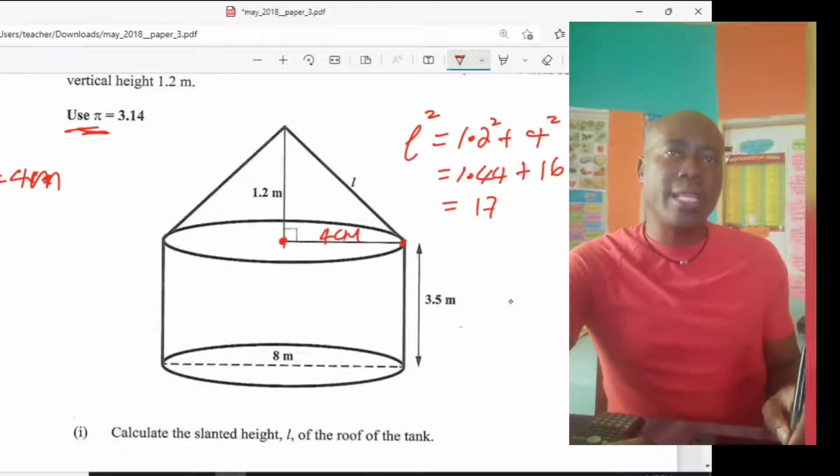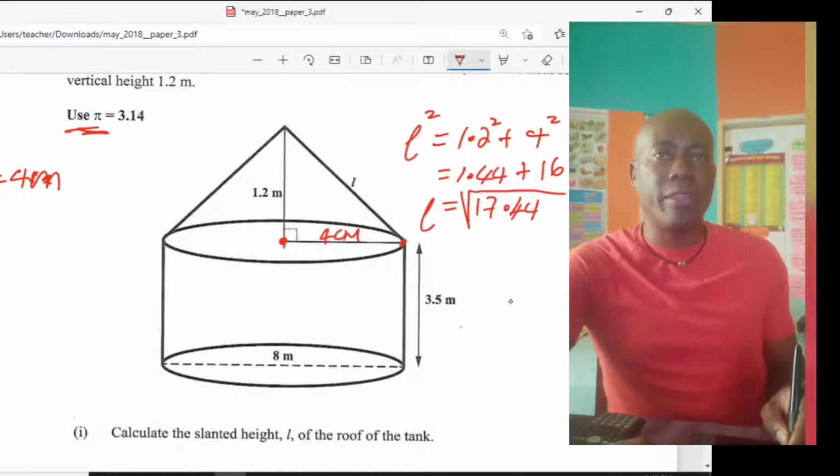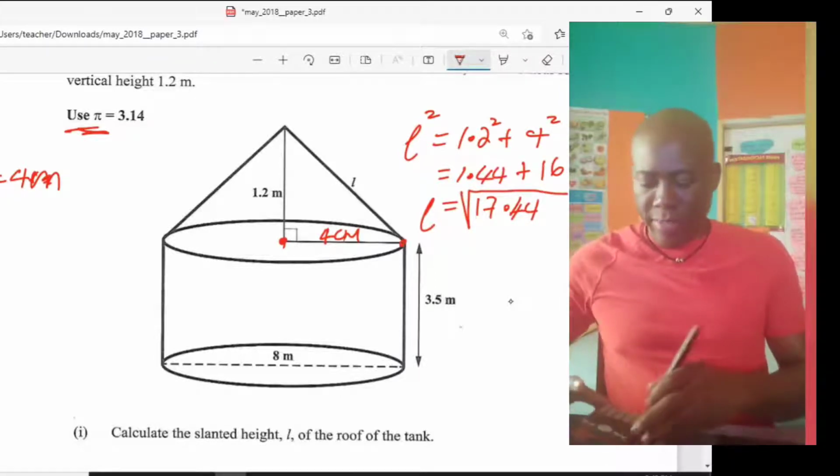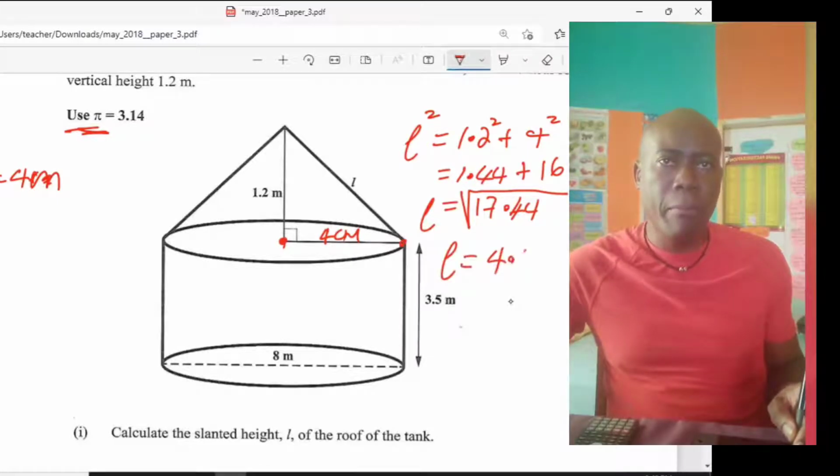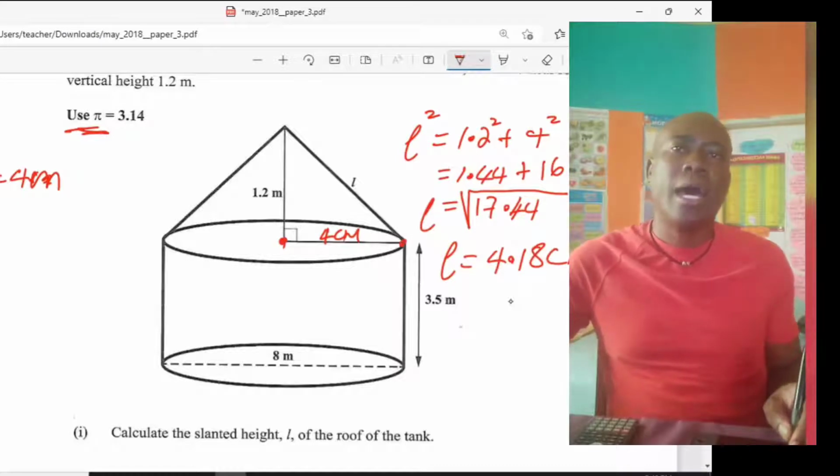When we add this, we'll get 17.44. To find L, we have to take the root of 17.44, and that will land us that L is equal to 4.18. All right, so 4.18 meters.